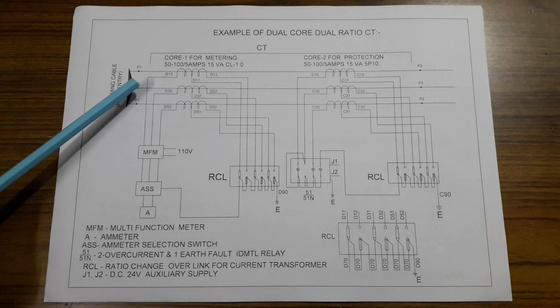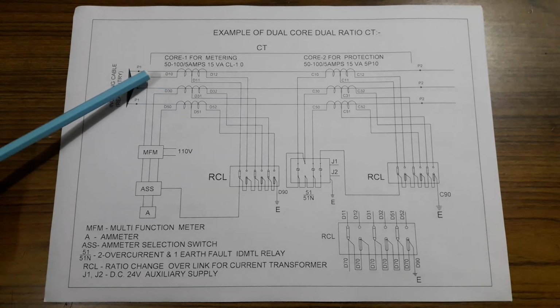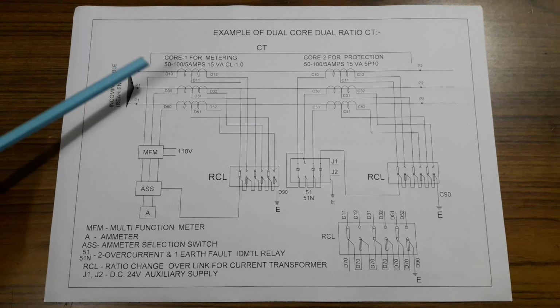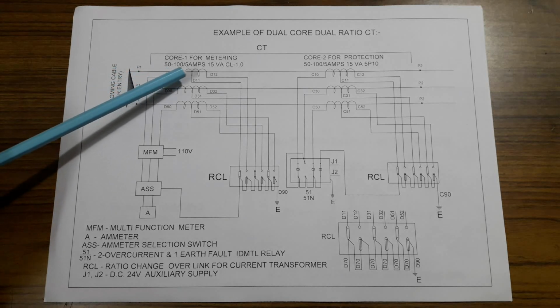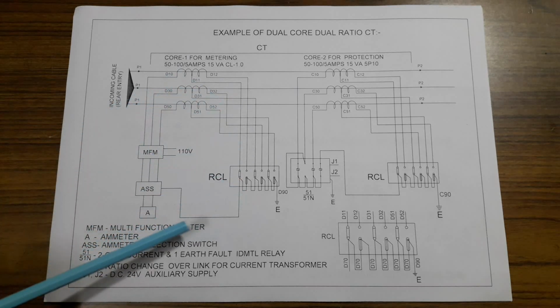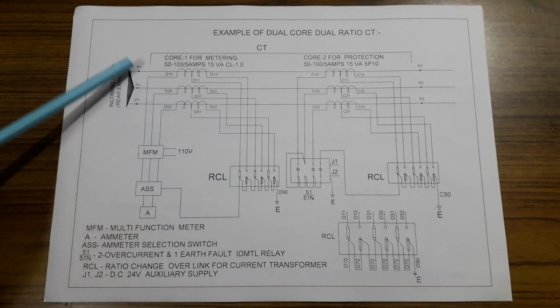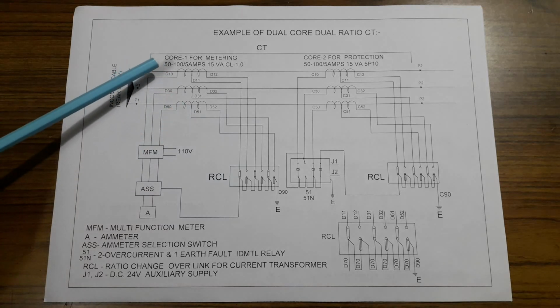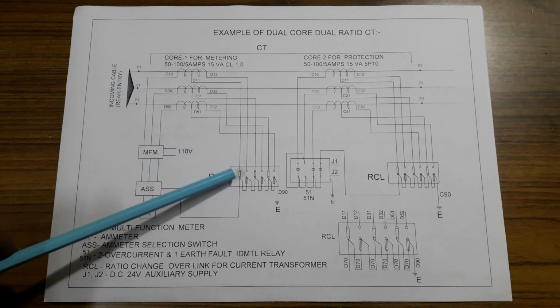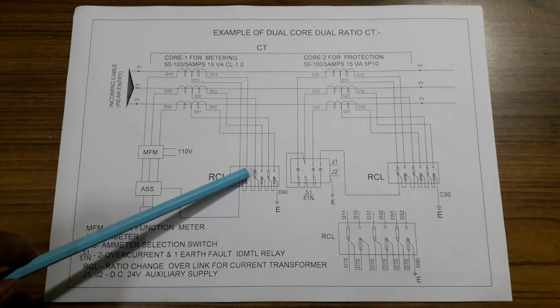When we use the tap for these two links, that means the CT is ready for only 50 ampere. When the primary current is 100 ampere, then this is opened and this link is closed.